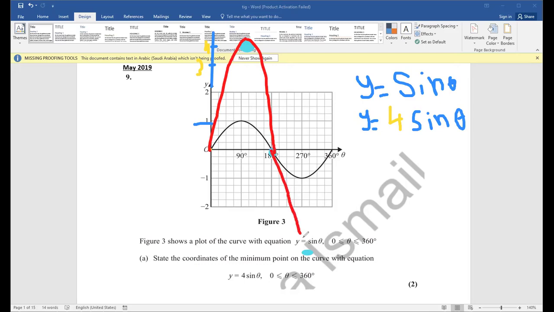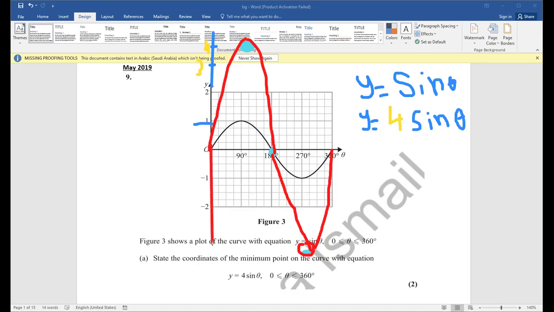Now we have to make it like a curve like this, then we go up like this. So that is the minimum point here, which, if we extend this, will be -4.